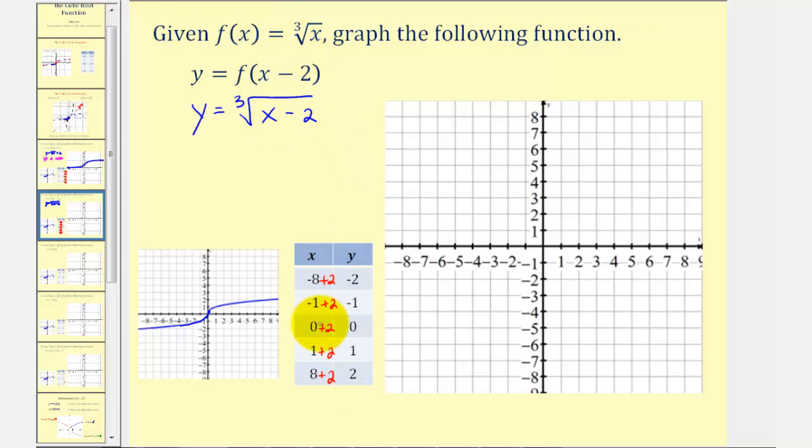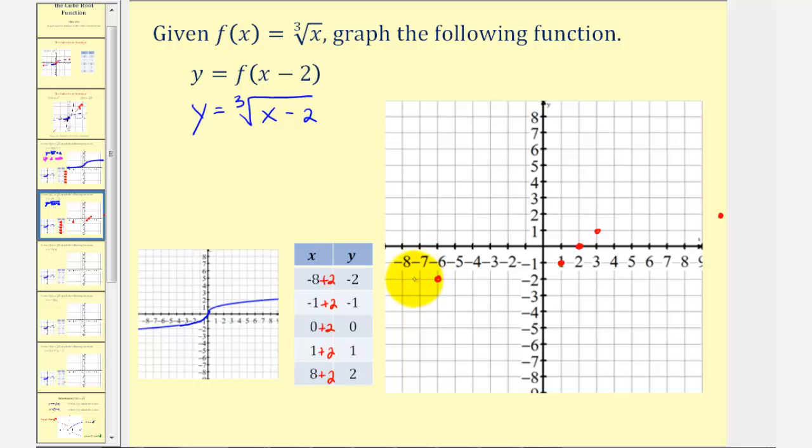Let's go ahead and plot these 5 points. So we have negative 6 comma negative 2, 1 comma negative 1, 2 comma 0, 3 comma 1, and 10 comma 2, which would be off the screen, but it'd be somewhere in here.